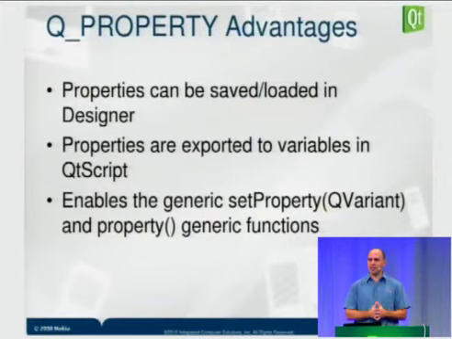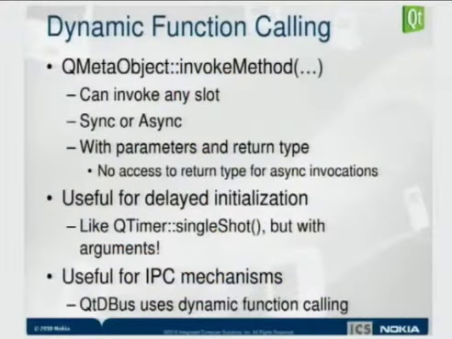Another interesting trick that you can do with meta objects: not only is it recording all of the properties of your class, but for signals and slots to work, it's also recording all the signals and all the slots. Now, if you've looked into how signals and slots work, basically it's dynamic function calling. And the same function that Qt uses to execute your slots, you can simply call yourself.